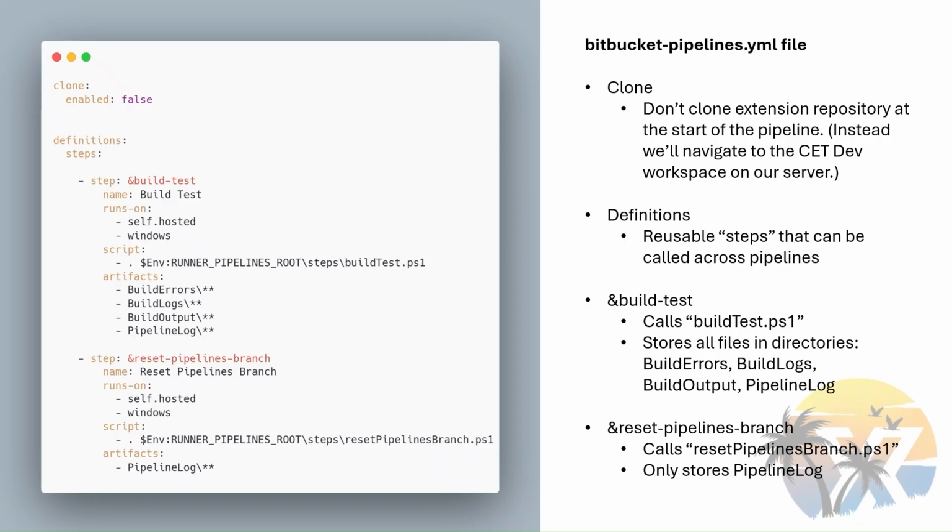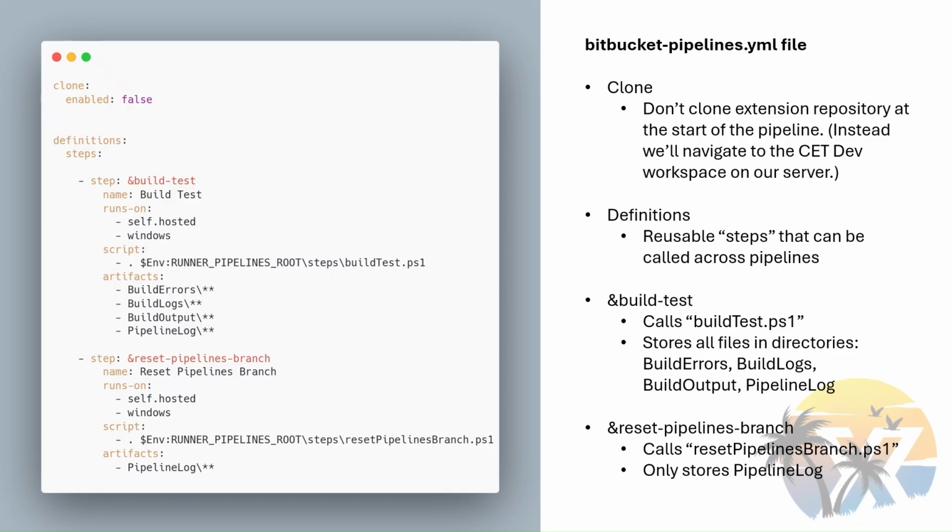So now under script, you will see we have one line. Remember in the last example, we had like 10 lines under script, and it was 10 different commands that get called back to back. Well, now what we're doing instead is calling a single script, which is the build test.ps1 script. And you'll see we call an environment variable at the beginning, which I showed you a screenshot of before, runner pipelines root.